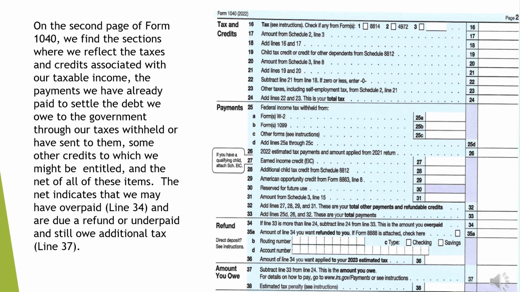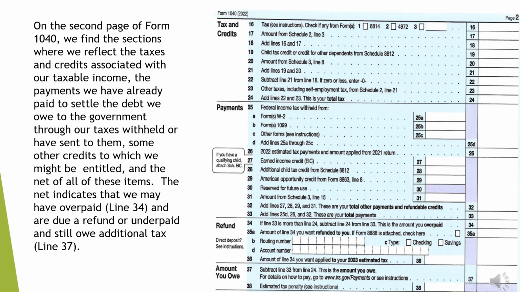In the payments section, you show where withholding has been taken from your paychecks. That's reflected on Form W-2. Some of your Forms 1099 will have taxes withheld.